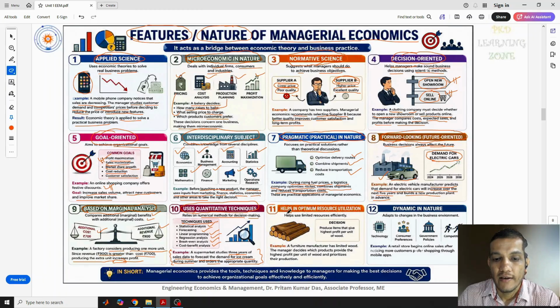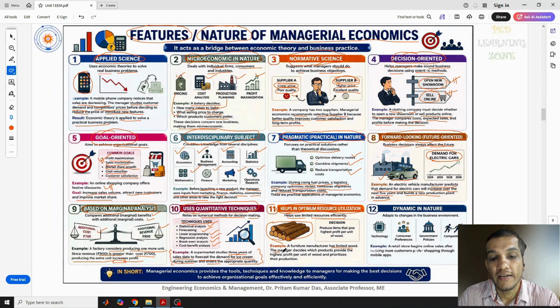The next one is that it helps in optimum resource utilization. It helps use limited resources efficiently. Suppose a furniture manufacturing company has limited wood, so what can be done? They should prioritize production with the highest profit per unit.